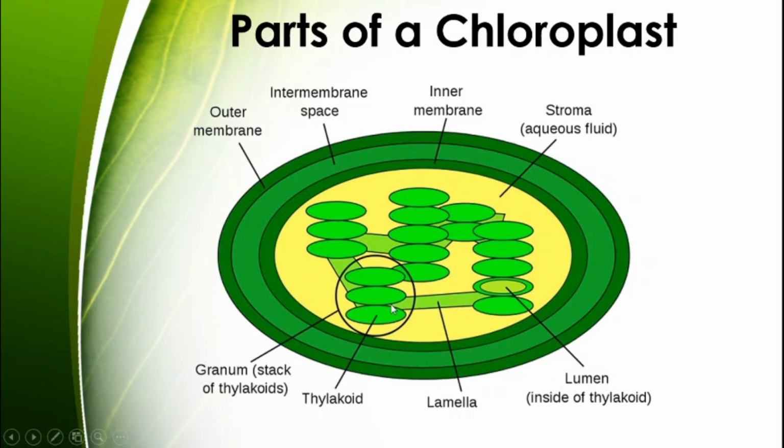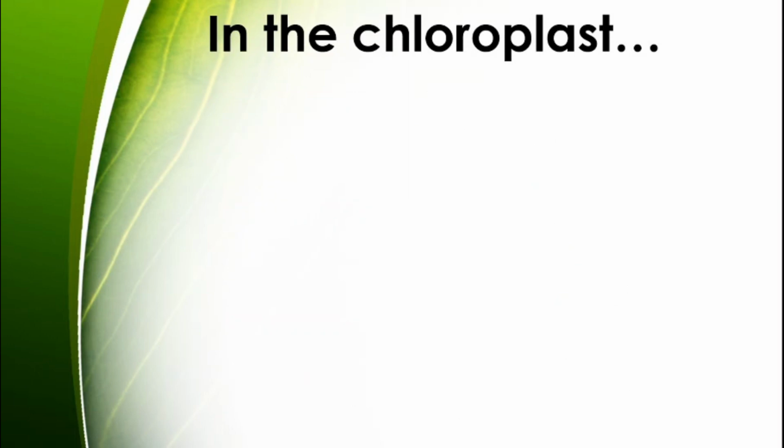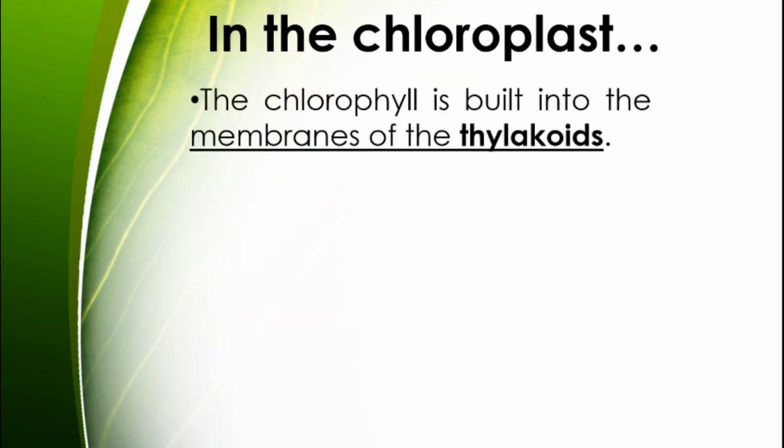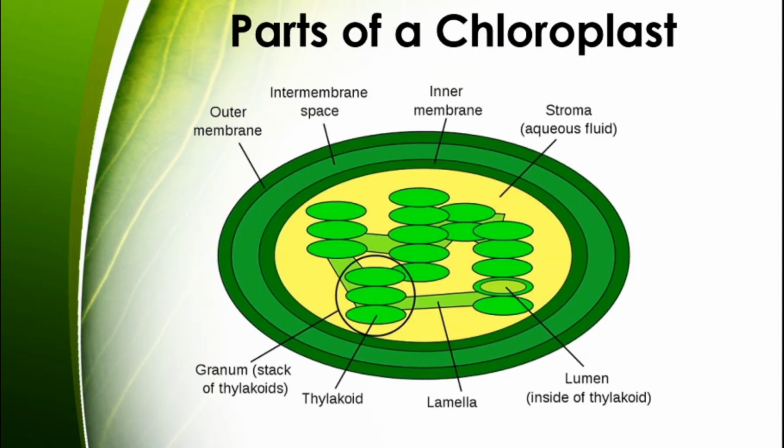Grana is the plural for granum. Their purpose is to maximize photosynthetic efficiency. In the chloroplast, the chlorophyll is built into the membranes of the thylakoids. If we go back to the picture, the pigment that we refer to as chlorophyll is found on the membrane of the thylakoid, on the surface of the thylakoid.